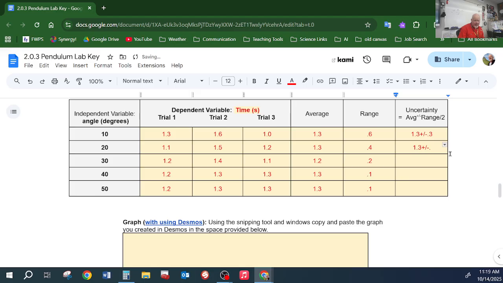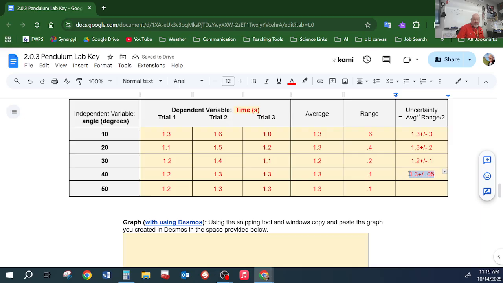Half of 0.4 would be 0.2, a little bit more accurate on that one. This one would be 1.2 is the average, plus or minus 0.1. Half of 0.2 would be 0.1. And then this one's going to be 1.3 plus or minus half of 0.1, which is 0.05.